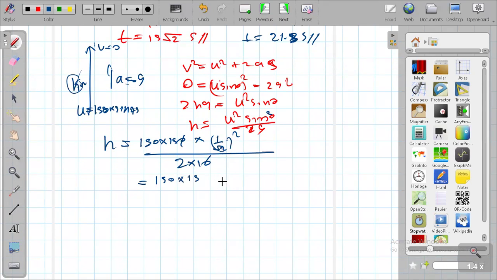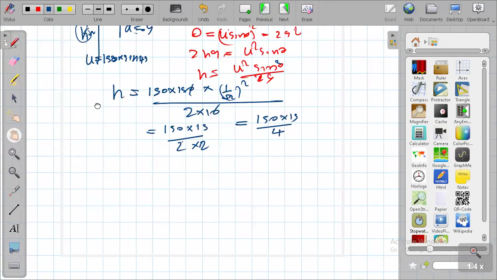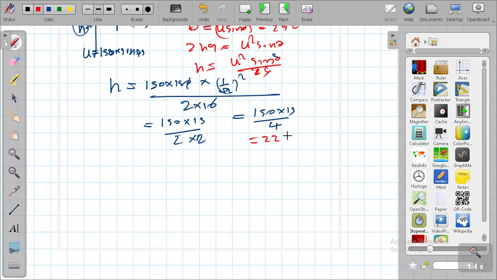This root 2 squared becomes 2, and there is a 2 here already, so another 2. 150 times 15 over 4 gives 2,250 over 4, which is 562.5 meters.